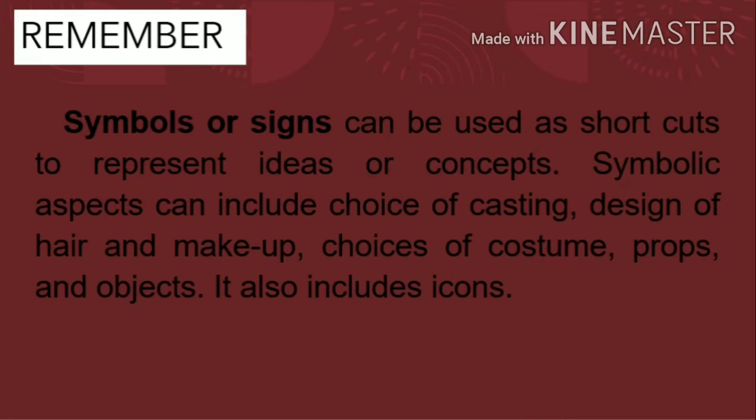Symbolic aspects can include choice of casting, design of hair and makeup, choices of costume, props and objects. It also includes icons. So just like what we did a while ago, even without reading the whole text or story about preparing for a volcanic eruption, we were able to get information by just looking at the visual image using signs and symbols.